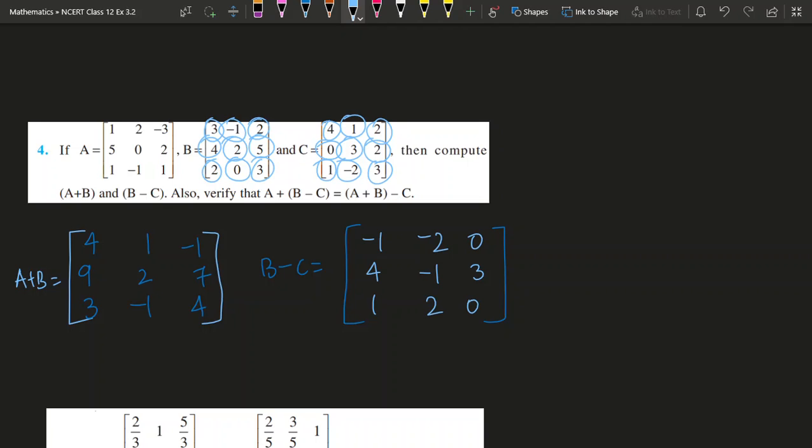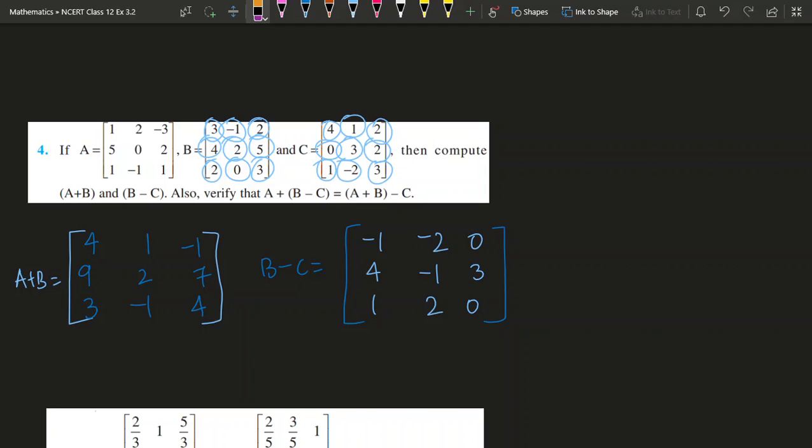Great. Now you have to verify that (A plus B) minus C is equal to A plus (B minus C). So you have figured out the matrices in the brackets till now, and now you have to perform one more operation on that.